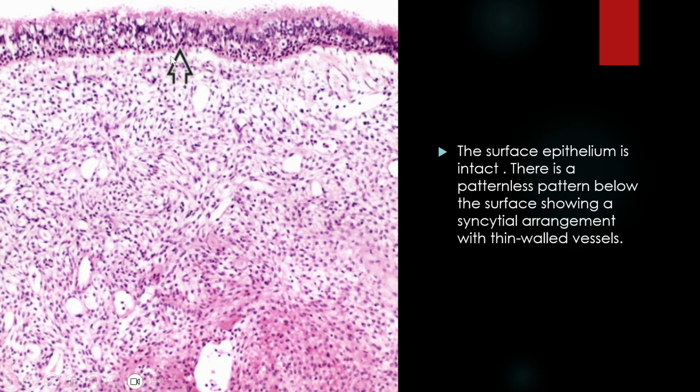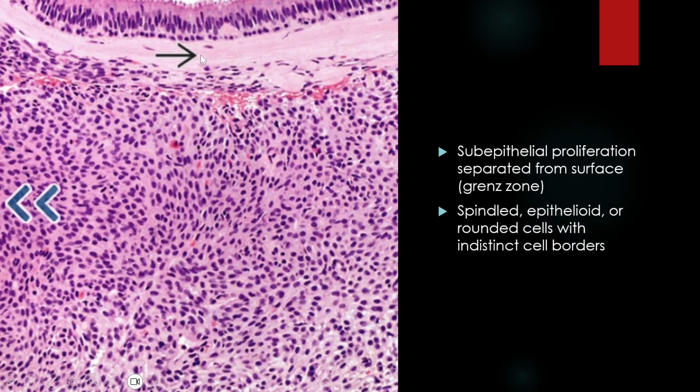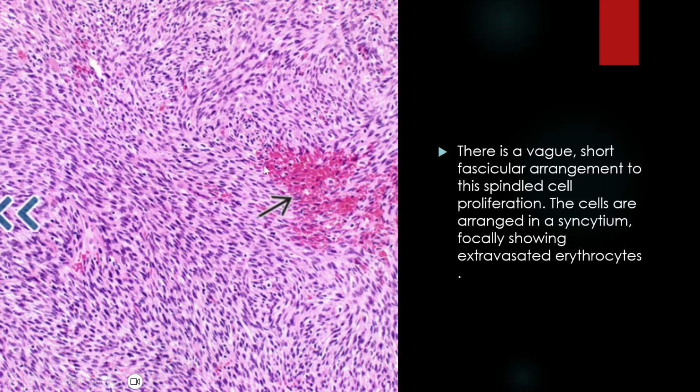So pseudostratification epithelium with this monotonous looking spindle or maybe oval shaped cell, different size of blood vessel. Sometimes you will see this grenz zone. That means from the epithelial and stroma tumor cell, you will have some area without tumor cell.